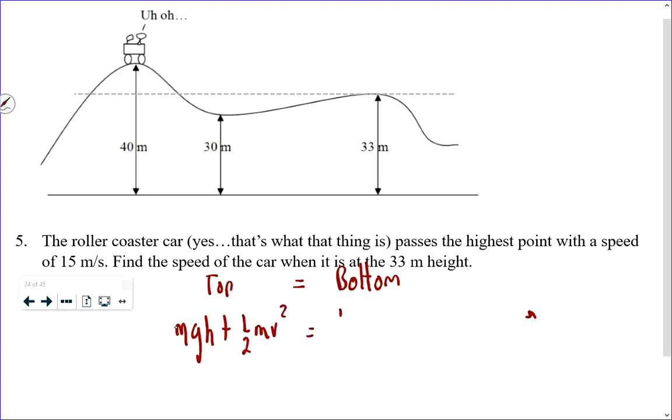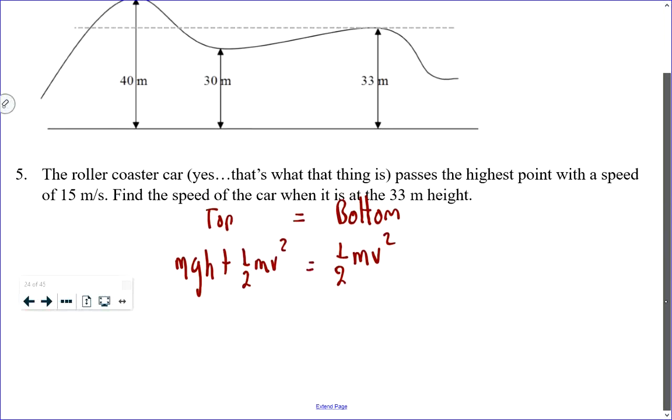At the bottom, we are going to have 1/2 mv squared. No potential at the bottom. By the way, when I say bottom, I mean this point at the 33 meter height. There's no potential there because we have cleverly said that's 0 for the height.